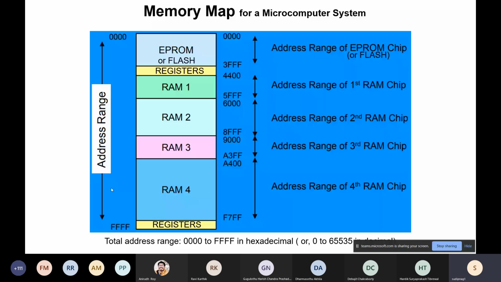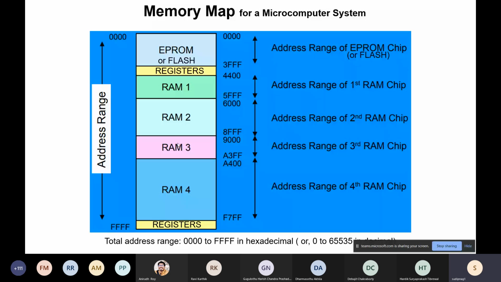Now within that, I split it into various purposes such as EEPROM or flash or whatever other type, NVRAM. Then there are some registers. Registers, as I said, stay very close to the microprocessor within a microcontroller. These are small memory locations. Then RAM chip 1 or RAM space or page 1, that means some part of the RAM, another part in RAM 2, another part in 3 and 4, and so on.